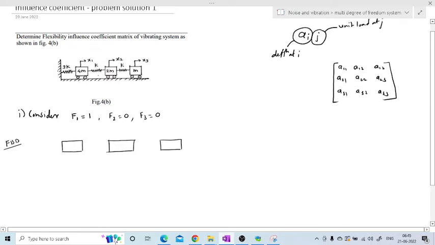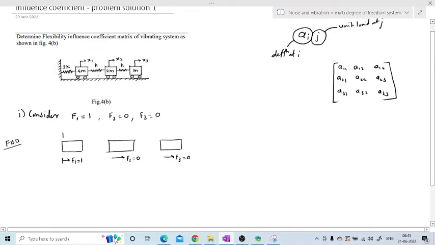Then we show the inertia force, but instead of inertia force we have already considered the forces on these masses. So here for mass 1, the deflection in the right side, so I'll consider here the force 1, that will be equal to 1, then force 2, that will be equal to 0, then force 3, that will be equal to 0. So I have shown the forces which we have considered.